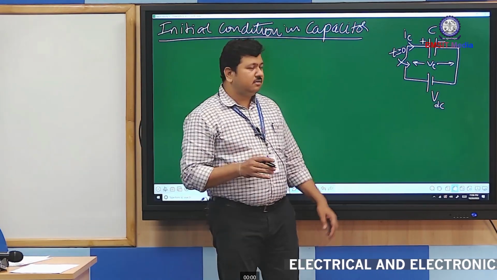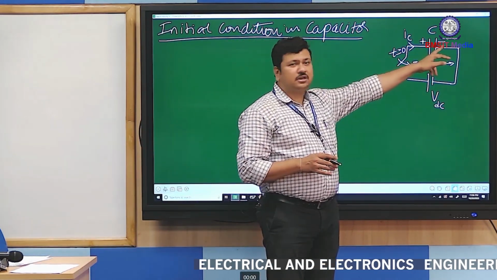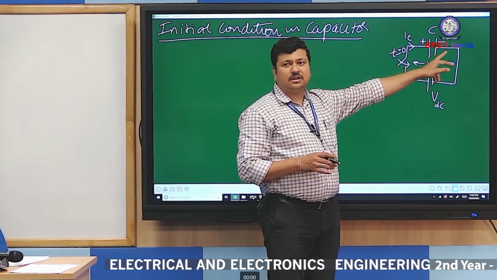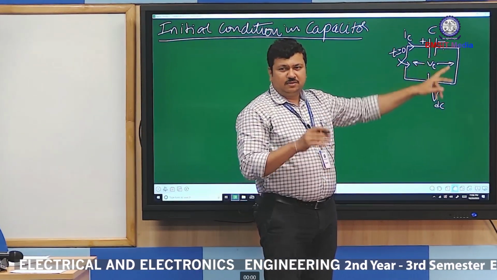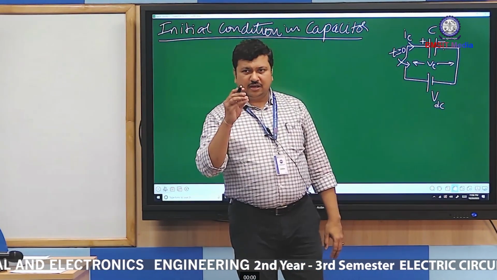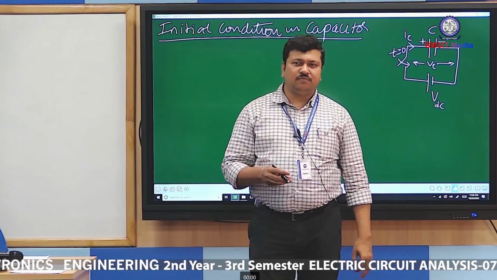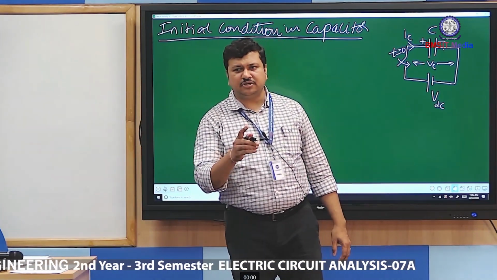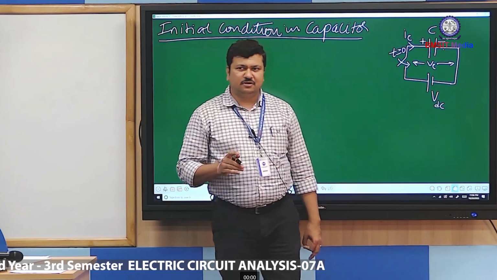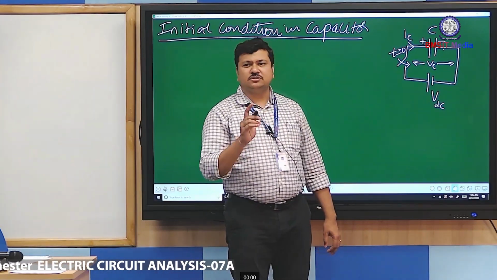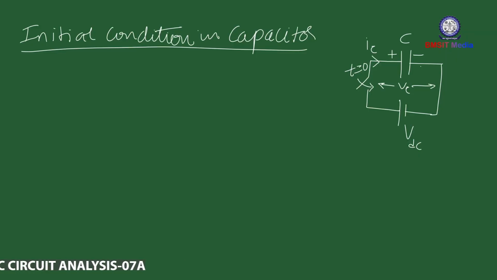It doesn't mean that there are neutrons or protons or electrons here. The plus and minus sign in any electrical circuit, in any electrical system, indicate higher potential point and lower potential point. It doesn't mean positive charge and negative charge. So clarity must be there.